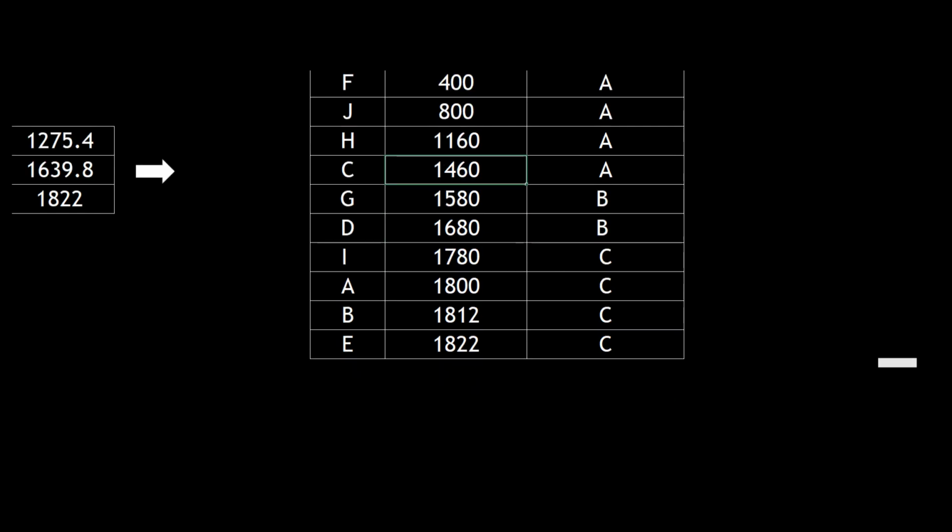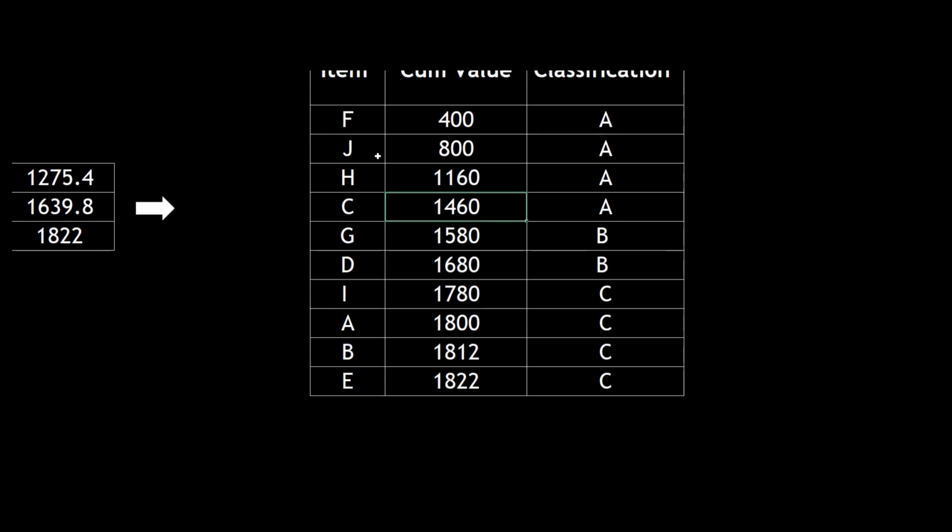So your final answer for this classification is that items F, J, H and C are your A class items. If you have a policy to take care of these, you are taking care of more than 70% of your total value of inventory. Items G and D you can classify as B class items, and they contain almost 20% of the total value.